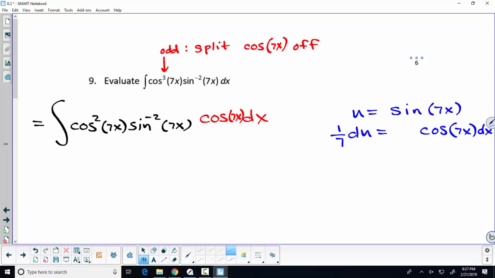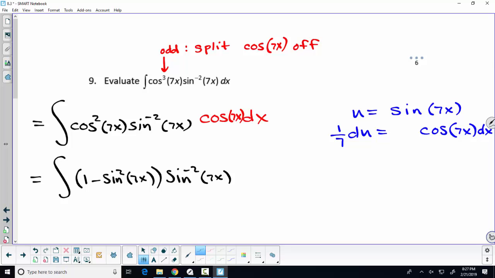So the thing we split off, 1/7 du, is now that. Our u is sine of 7x. That takes care of the sine of -2. We need to take the cosine squared and rewrite that in terms of sine. So once we've done that, then our u substitution will take care of all of this stuff.